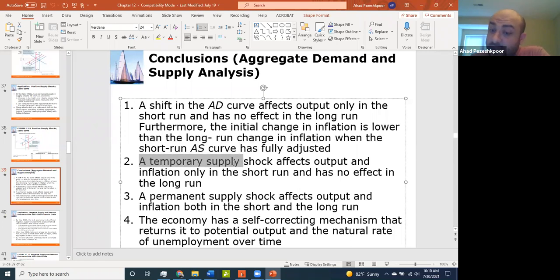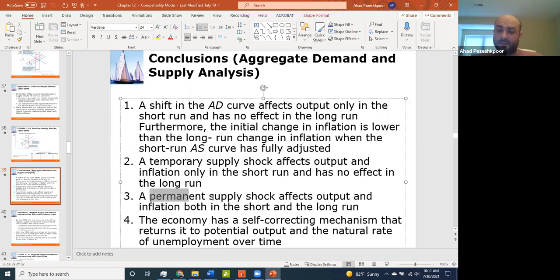A temporary supply change, a supply shock, affects output and inflation only in the short run and has no effect in the long run and on aggregate demand. It's only affecting aggregate supply. This is very important. It would help you on your exams. Write it somewhere.